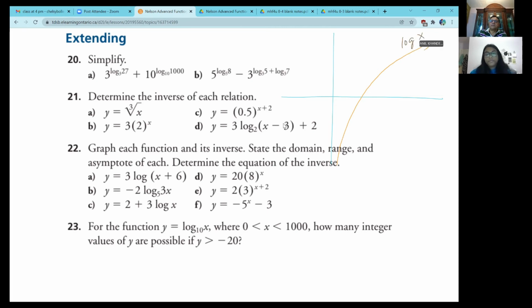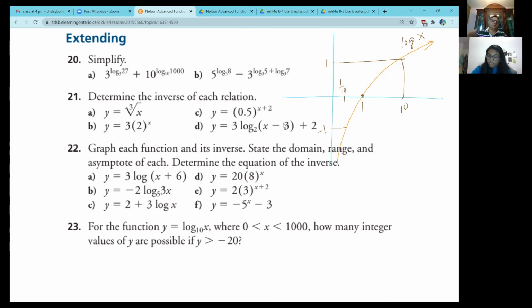So that means this point here is at 1. And then we also know that since the base is 10, the value at 10 will be 1, correct? Log base 10 of 10 will be 1, correct? And it will have a -1 value for 1/10, correct? 10 to the power of -1 will be 1 over 10.